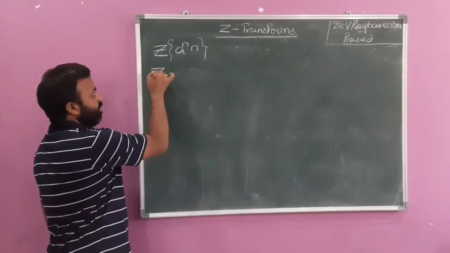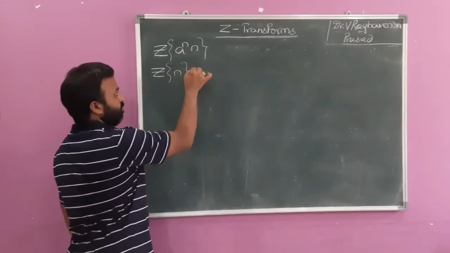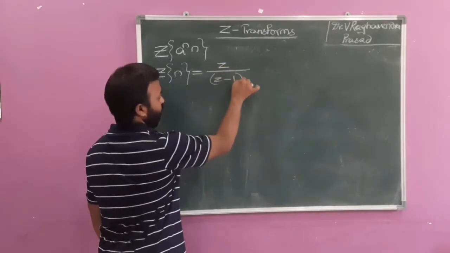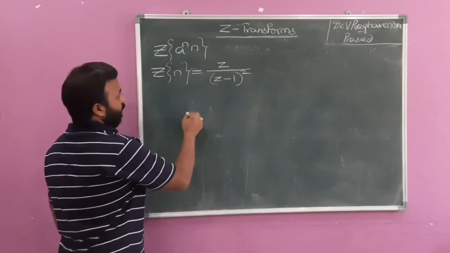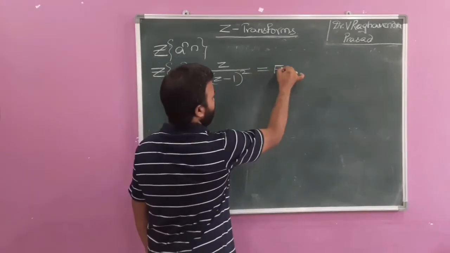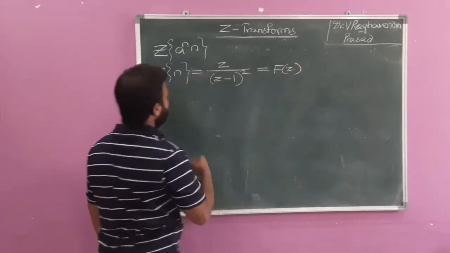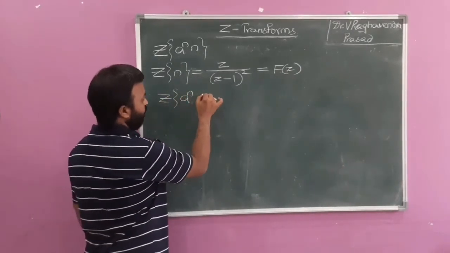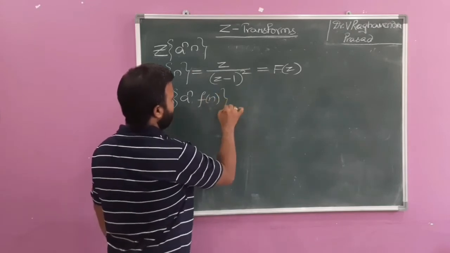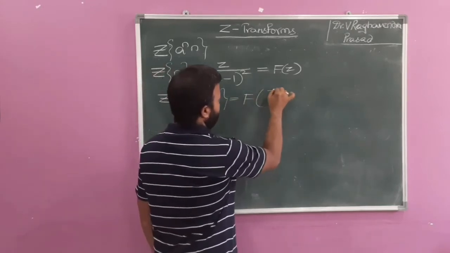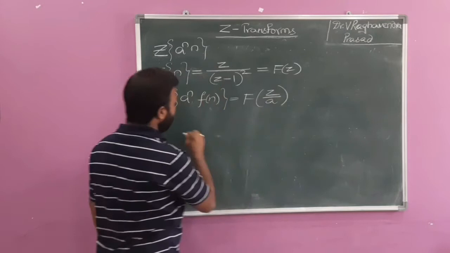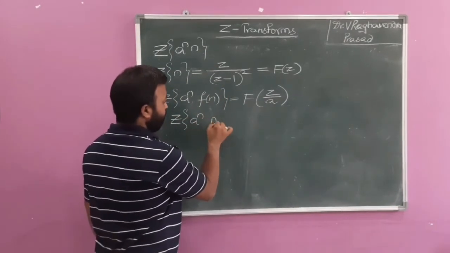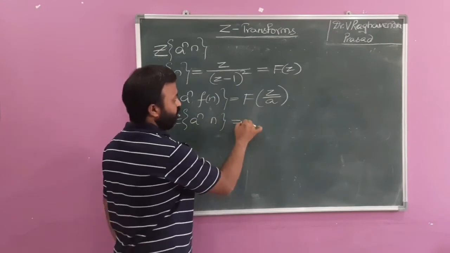We know that the z transform of n is z by z minus 1 whole square. Let us suppose this is equal to f of z. By the change of scale property, the z transform of a power n into f of n is the same as f of z by a.